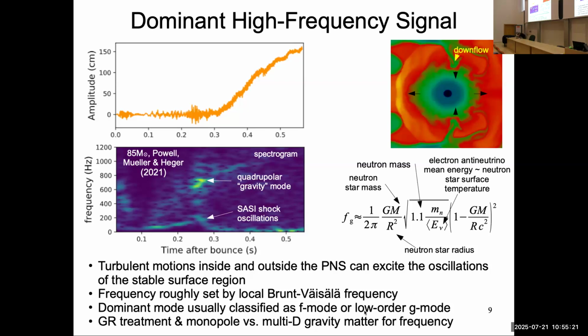All right. So as I said, though, it's important to remember when you're after very precise information, let's say on the 10% level or less on the frequency of that mode, then details of your simulations will matter. The relativistic treatment will matter.